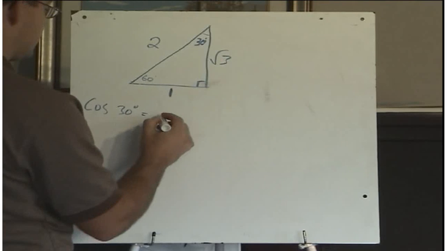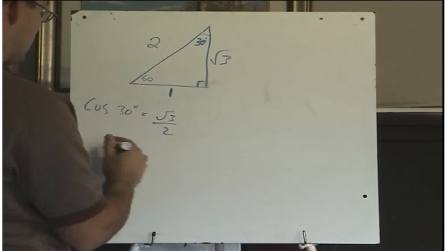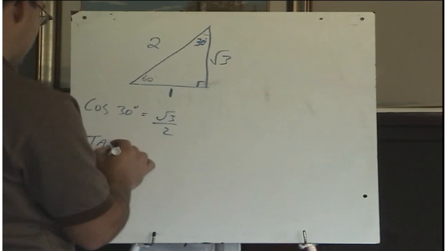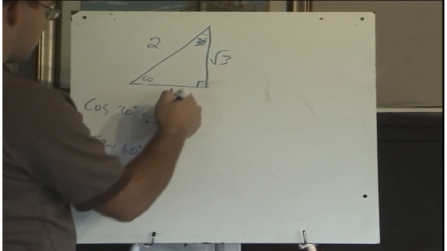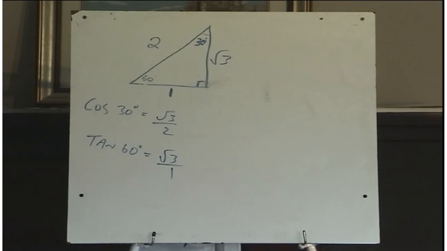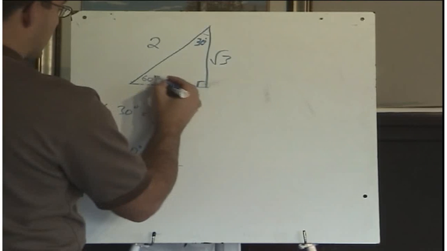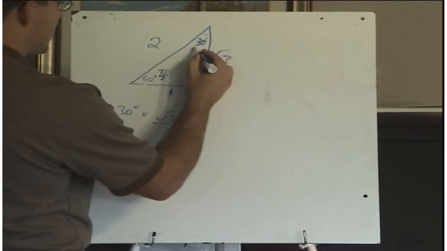I can say it's adjacent over hypotenuse, root 3 over 2. Or what is the tan of 60 degrees? I can say, well, that's opposite over adjacent. Root 3 over 1. And 60 degrees, of course, if you convert this to radians, is pi over 3.